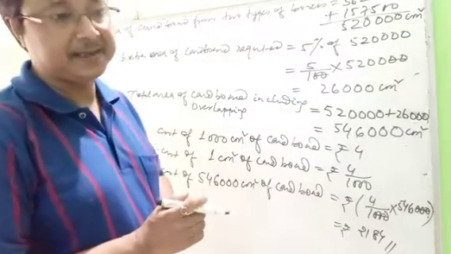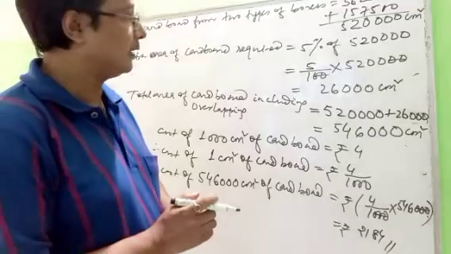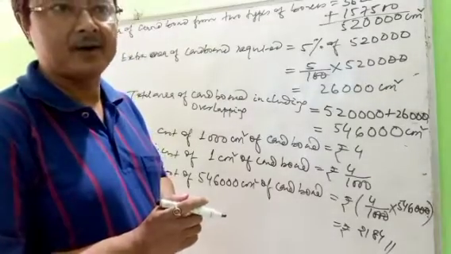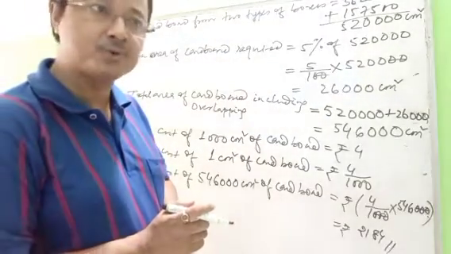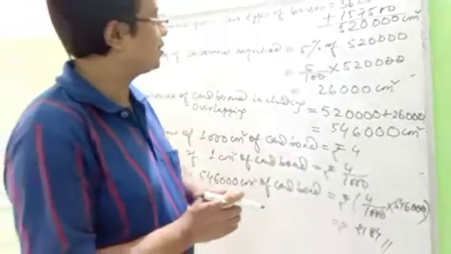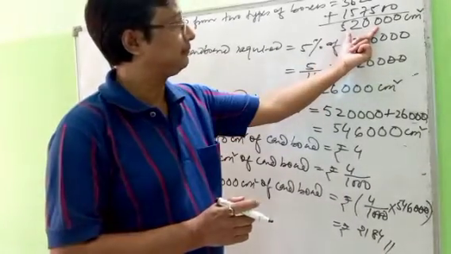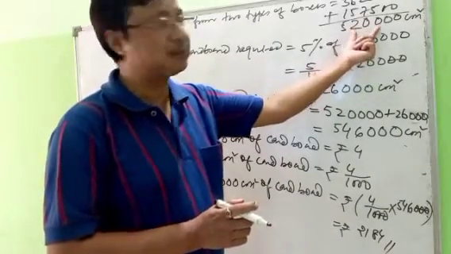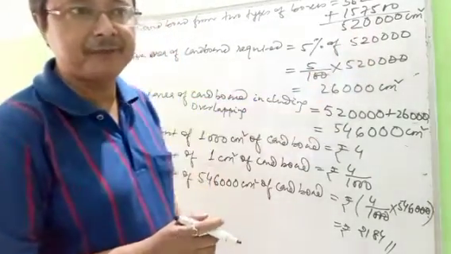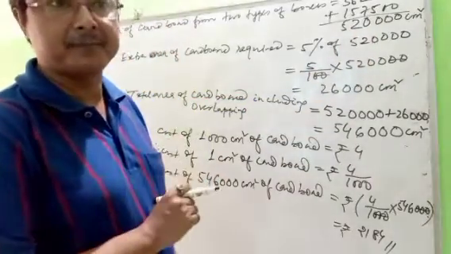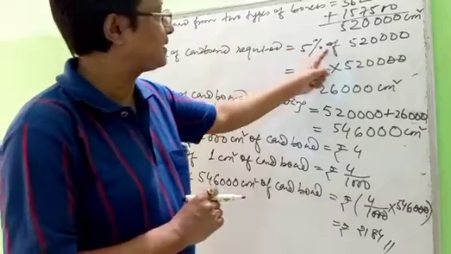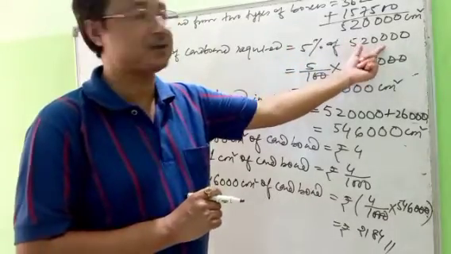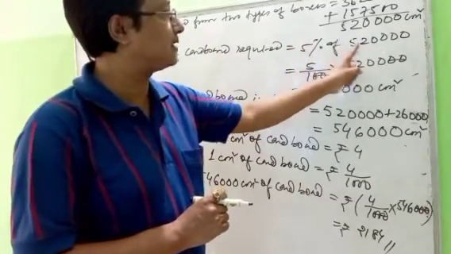From there you have found out the total surface area of cardboard for these two types of boxes. And from this total, they have told that for extra area of cardboard they will need 5% of the total surface area. So you have found 5% of the total surface area.